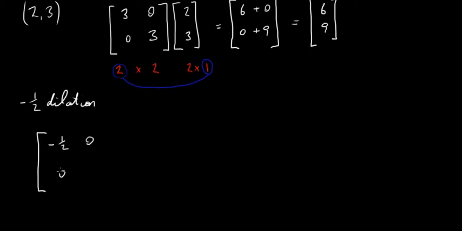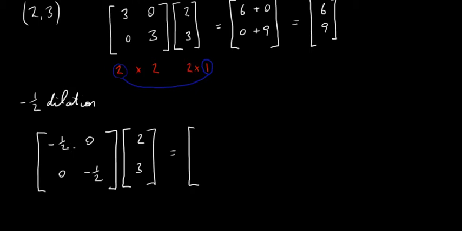This is going to be 0. This is going to be 0. We're going to put in minus half here as well. We'll put in our point here, which is 2, 3. And let's just multiply this out. So we'll get minus a half times 2, which is minus 1, plus 0 times 3, which is just 0.